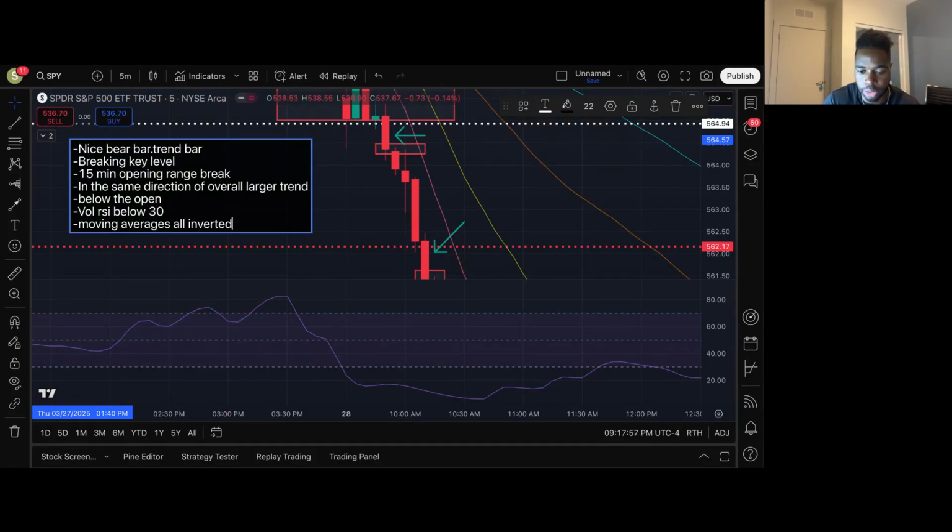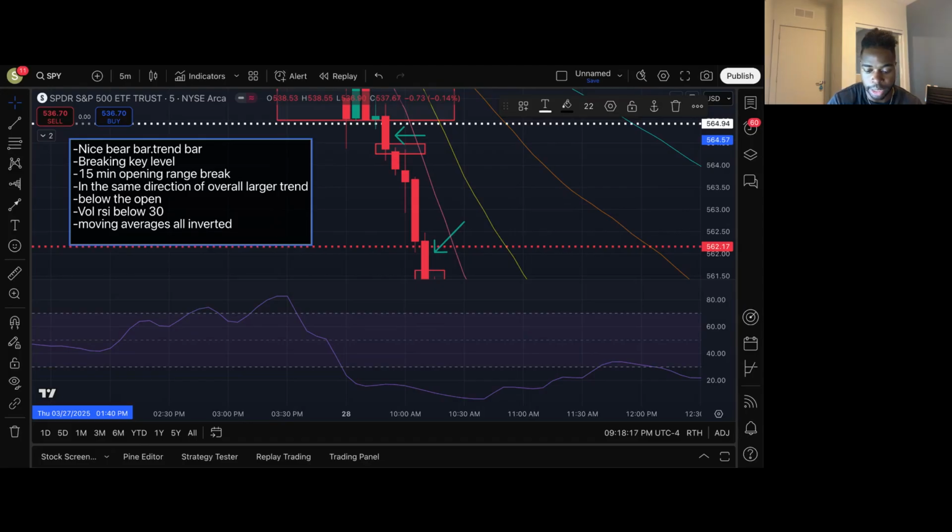What does that mean? They're not in order. Most people think about stocks and assets moving up, so in that case the smallest moving average should be on the top: the 9MA on the top, then the 20, then the 50, then the 100. But in this case, the 9MA is on the bottom, this pink line. So the moving averages are all inverted.